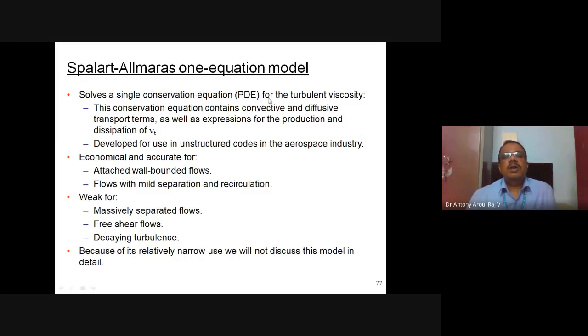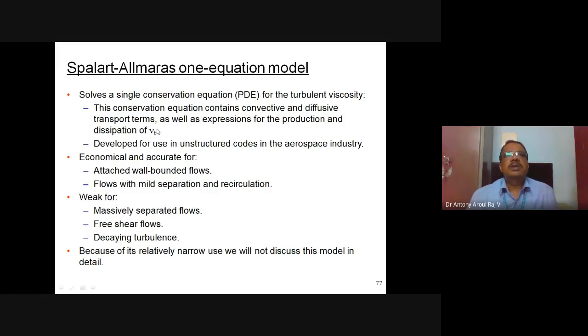In the one equation model, we will have one transport equation for turbulent viscosity. Our transport equation has a transient term, then a convection term, then a diffusion term, then a source term. Instead of phi, if I use turbulent viscosity itself as my parameter, then my equation becomes a conservation equation for turbulent viscosity.